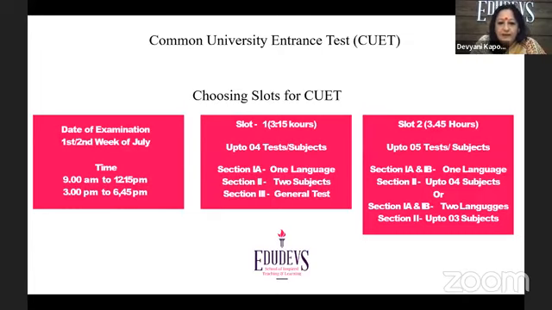In slot 1, children, you need to be clear that up to 4 tests it will accommodate depending upon the time limit. So 1A, 1 language, and 2 subjects from section 2, and 3 in general test. Again, slot 2 could have up to 4, everything remains same, up to 4 subjects in section 2 or 3 subjects.